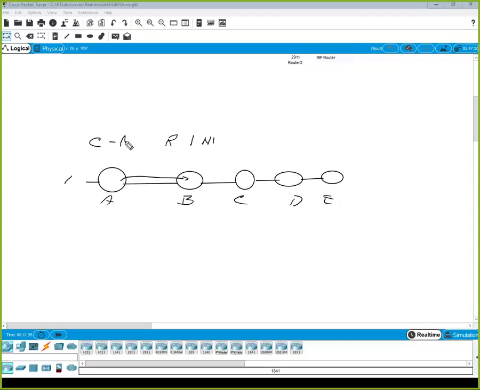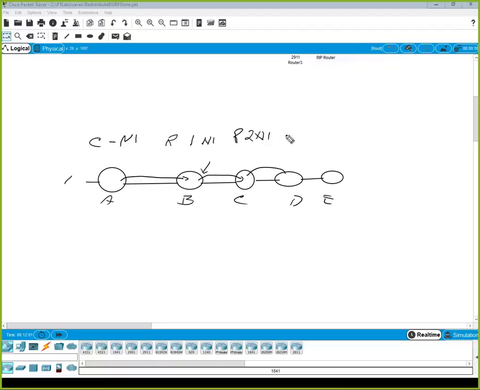It will then send an update, say, hey, I know how to get to network 1. So C will say, hey, it's RIP. I got it via RIP. It's 2 hops away to get to network 1. And then it will use this interface as the next hop address. It knows where the information came from.